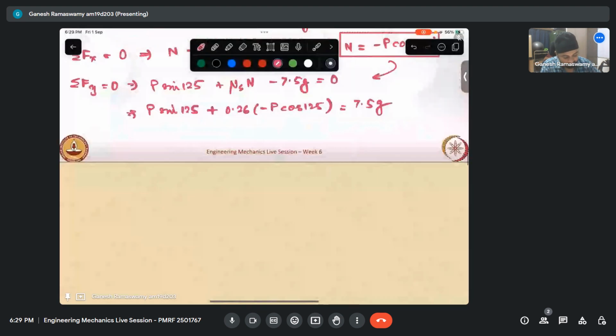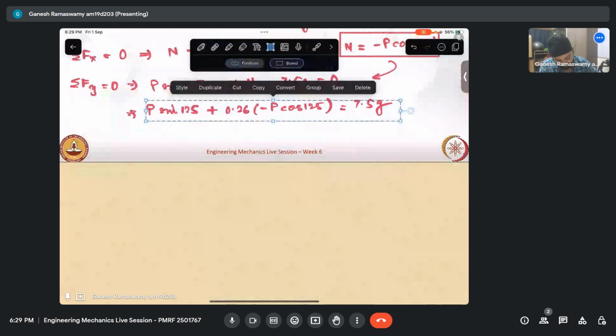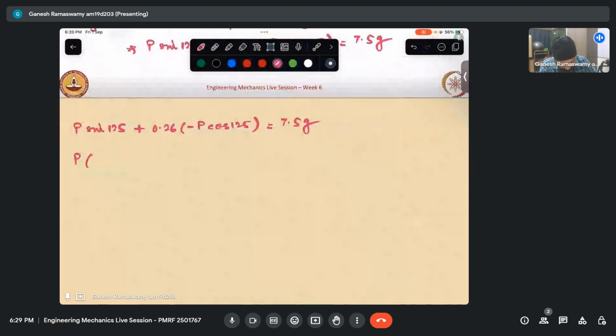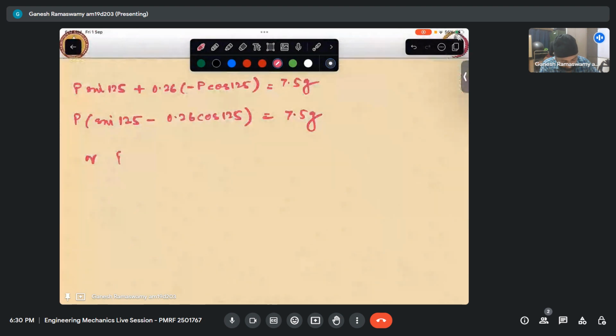So this I can simply solve for P now, which gives me P into sine 125 minus 0.26 cos 125 equals 7.5 g, or P is nothing but 7.5 g divided by this quantity.